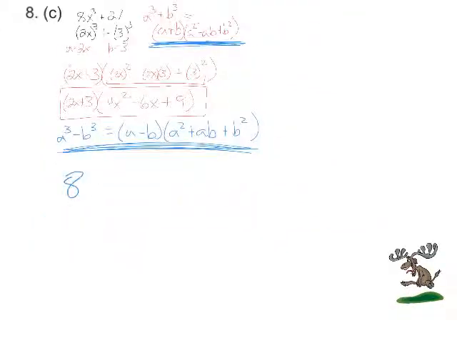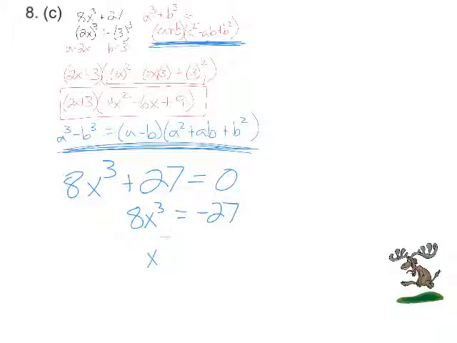If you start out with 8x cubed plus 27 and you want to set it equal to 0, let's isolate the x. So first we subtract the 27 across, then we divide the 8 across, and then finally we take the cube root of both sides.